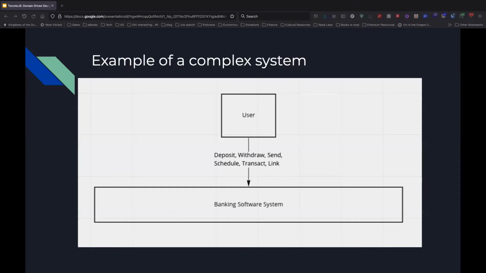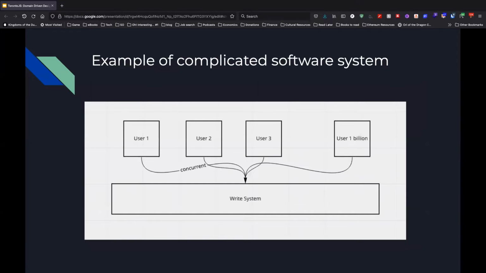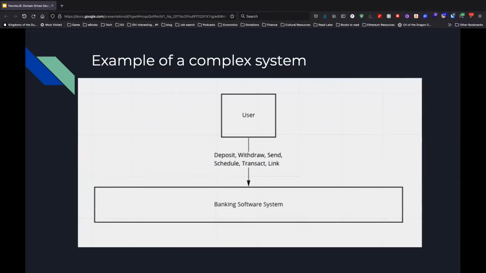And it's not as simple as the view of, oh yeah, I need to write concurrently, supporting 1 billion users, but all they can do is write. Maybe they can do reads, but it's write, read, simplistic in terms of relationships compared to this. There are just more relationships, more things that can happen, more wrong things that can happen, right?